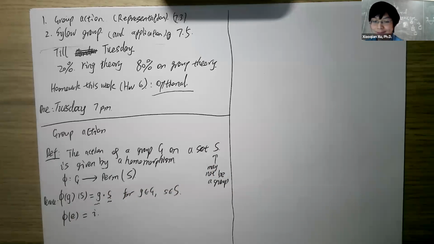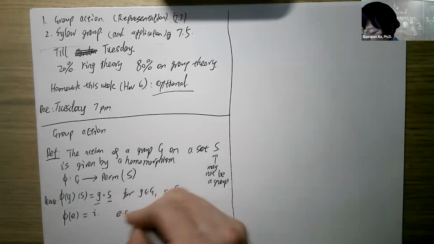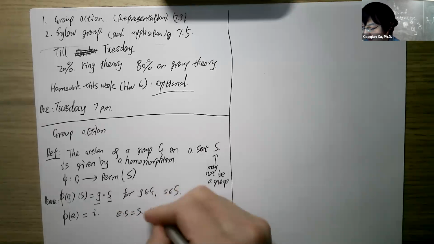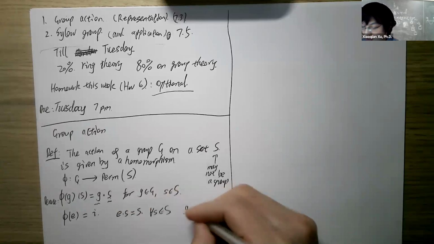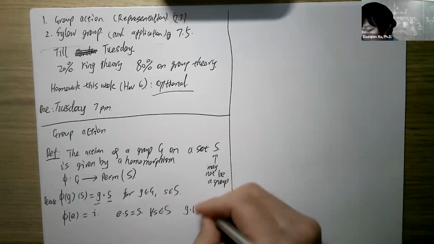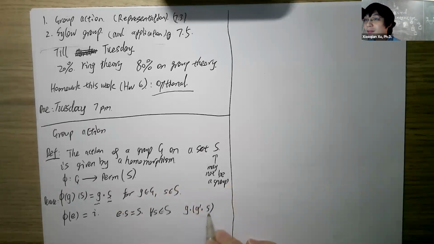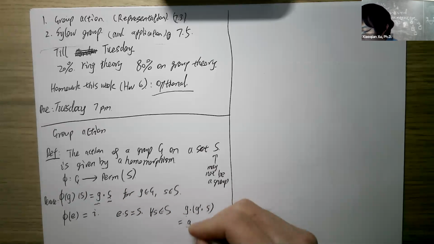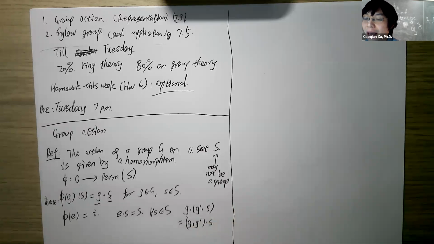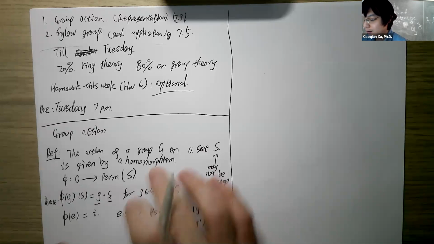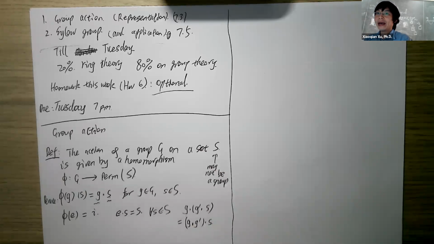It just maps S to S. And e times s is s, using our notation, for any s in S. And also, g prime times s is an element in S, and g times g prime times s is still an element in S. It also equals, by our notation, g, where this multiplication is a group multiplication, acting on this element in the set S, because you try to map the group to the permutation group of a set.